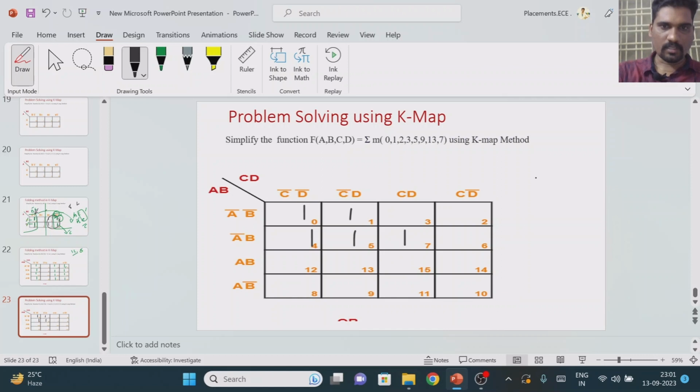Then one more, something like this, 1 1. We'll consider something like this 1. Then one more value here, we'll consider the 1, then again we will consider the 1, right? Like this we'll consider.